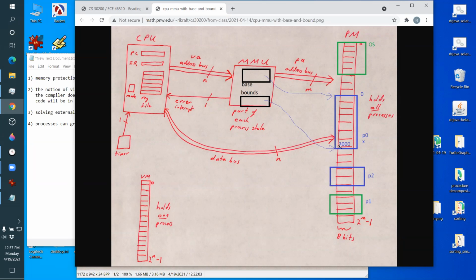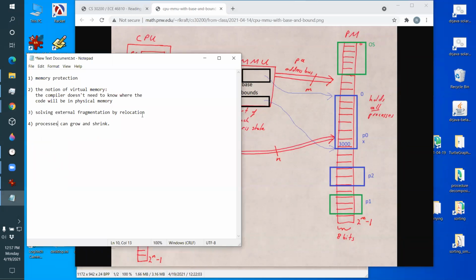The loader doesn't care where it loads your program. It just looks for a place big enough to hold it. That makes the loader real easy to write. It might need to shift things around to make room for your program, but it doesn't need to worry about what address it puts your program at. So the compiler has an easier job, and the loader has an easier job, because of this notion of virtual memory.